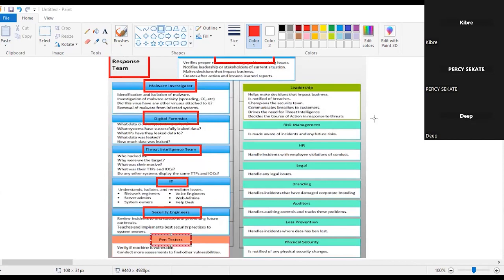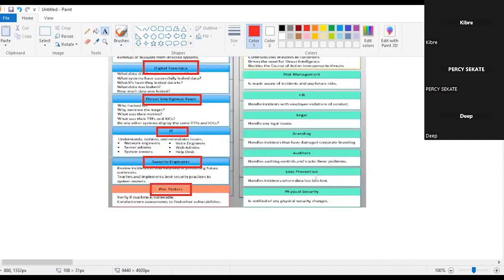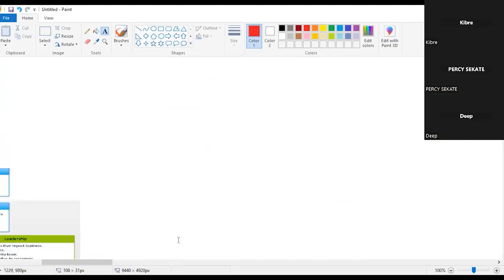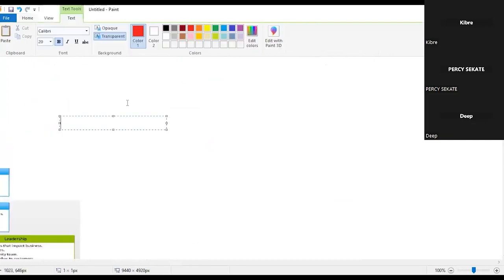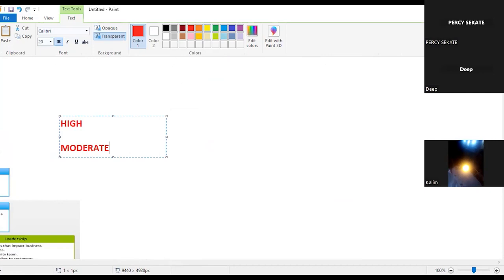Risk can be scaled from low to high, with moderate in between. So these are the risk types.